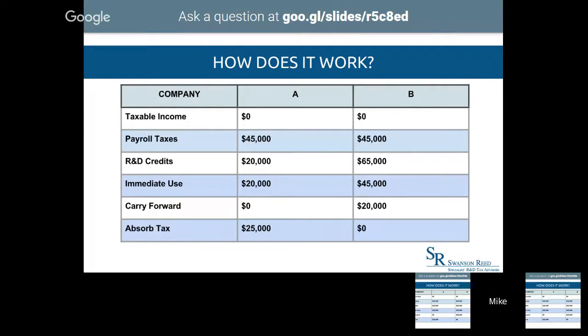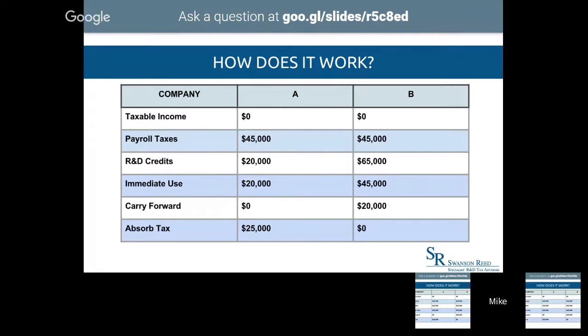They have $20,000 in credits, so they can immediately use $20,000 of that to offset that many taxes. They don't have to pay that much in taxes, but they've used it all up, so they don't have anything to carry forward. They ran out of credits and they had taxes, so they still have to absorb $25,000 worth of taxes.